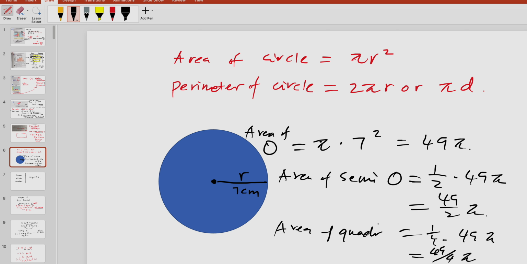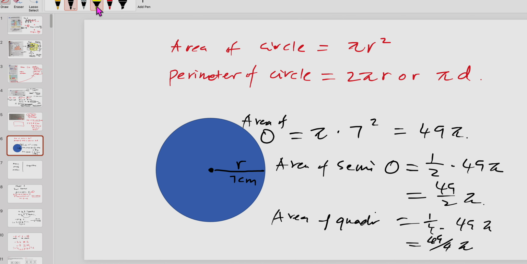So what have you observed? Semicircle, quadrant, full circle. All these are quite standard questions, very standard questions.